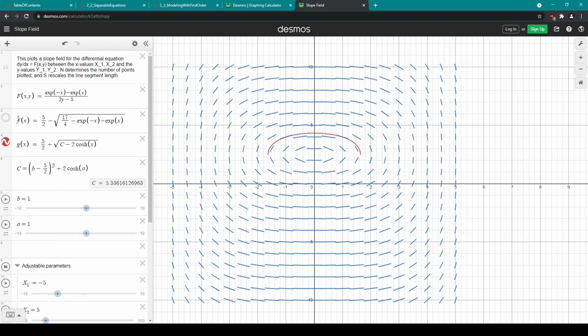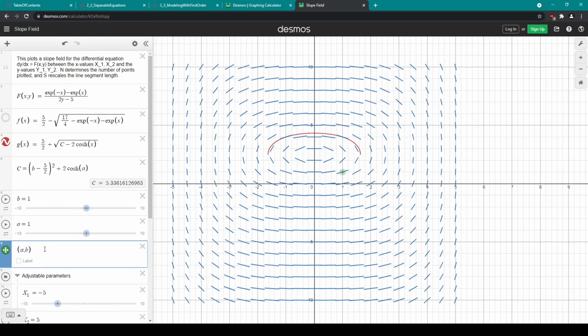Okay, and then what I should have done was make there. Okay, so this is my point AB. We're going to be moving this point around, and then we can see that the solution changes based on where this point is, and the solution has to pass through it, right?